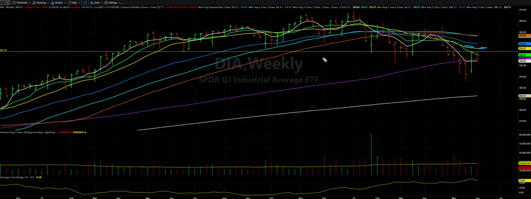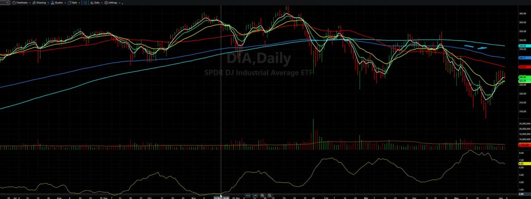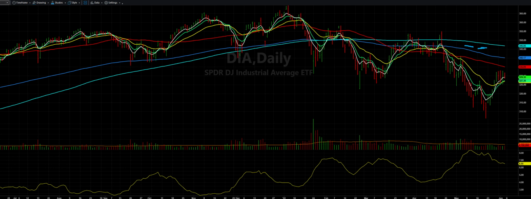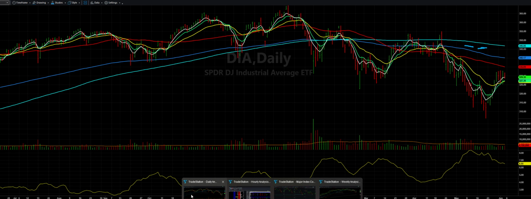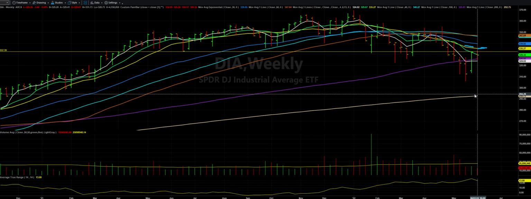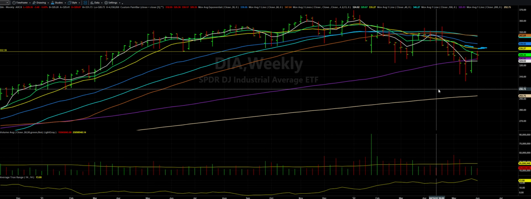If we step down to the daily chart, the 50-day moving average is 335.09, and on the weekly chart we had 335.27 for the 13-week.